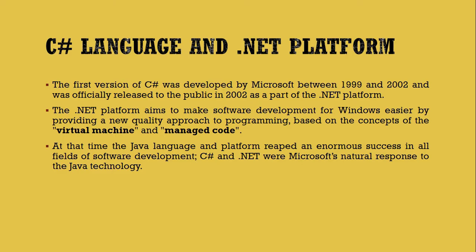At that time, Java as a language platform was successful in all fields of software development. That's why Microsoft released the .NET platform and C# as a language.